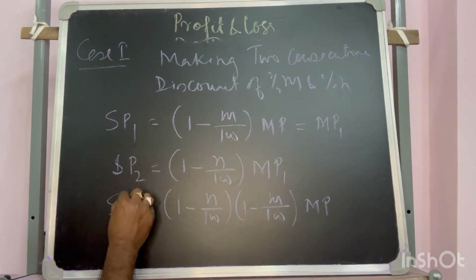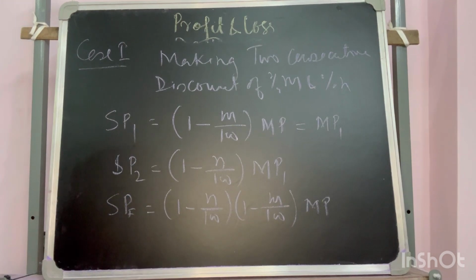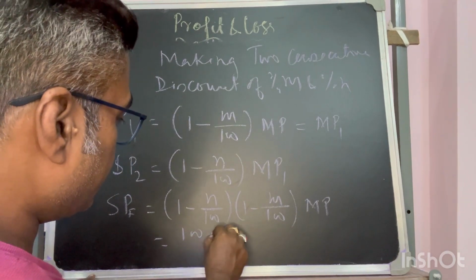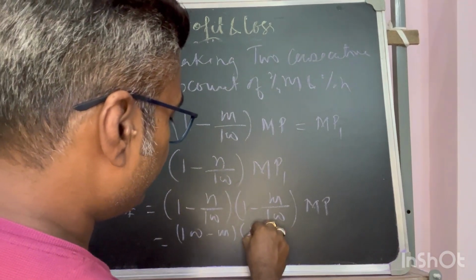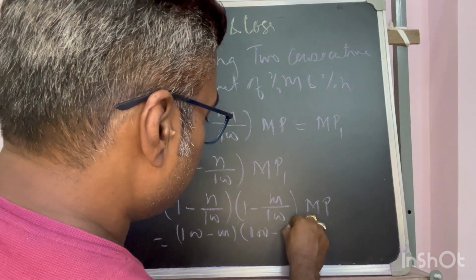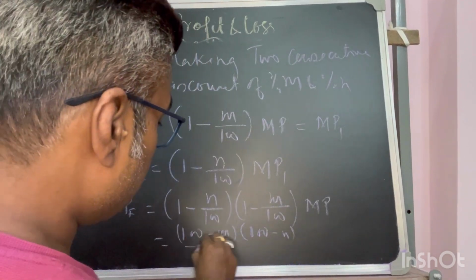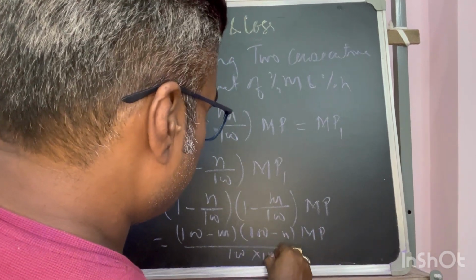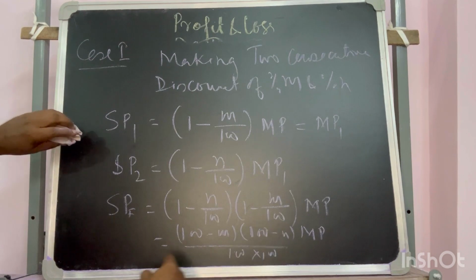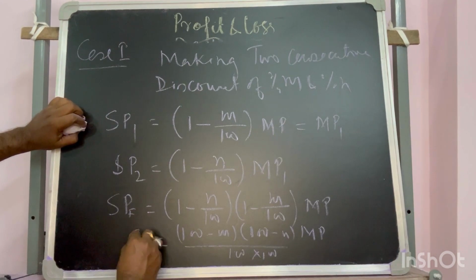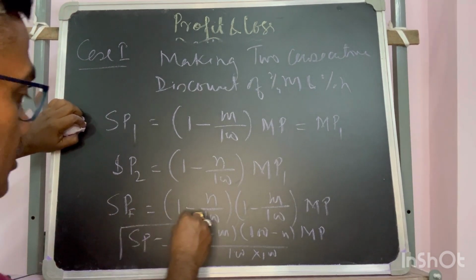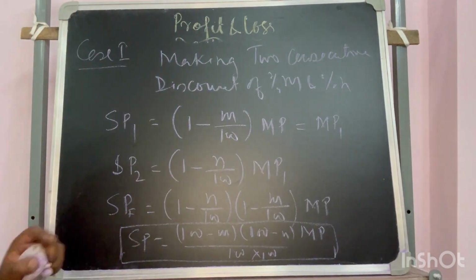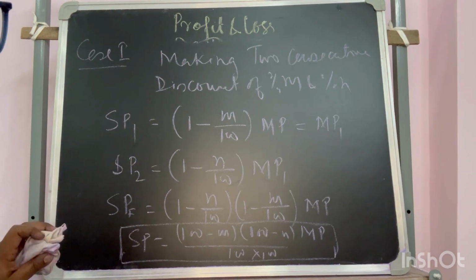So this will be your final sales price. This can be simplified as 100 minus M, keeping M first because it is the first discount given, into 100 minus N into MP by 100 into 100. So ultimately the sales price is related to the MP, or if you reverse it, you will get the MP with respect to the sales price also.